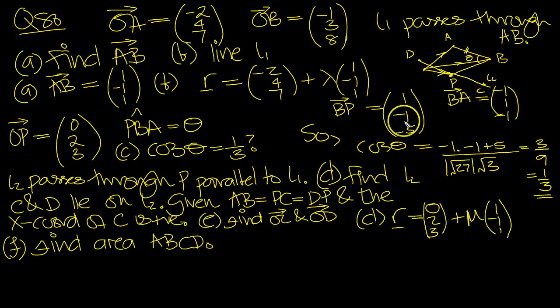The modulus of AB is root 3. I'll put it here. We worked it out before. So basically, we're going to have the L2 line. It's going to be a distance root 3. So mu will be 1. It has to be because this distance then is root 3.